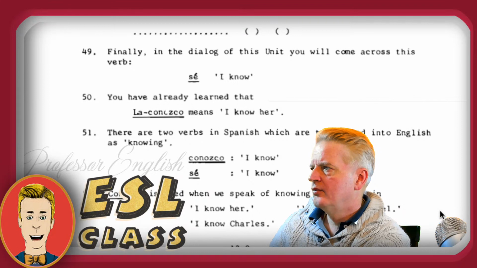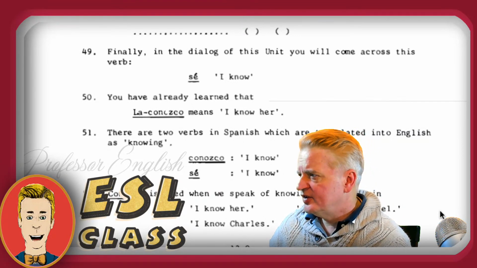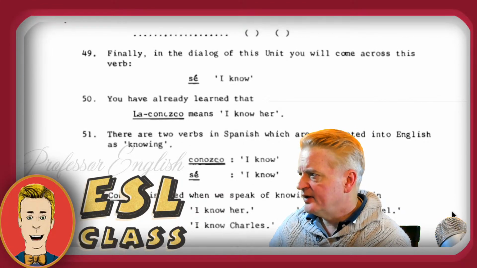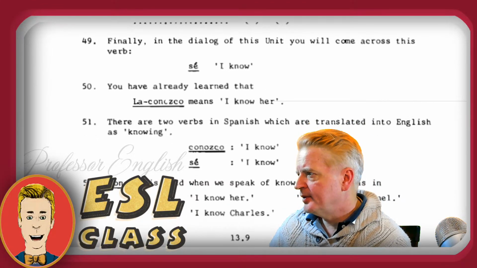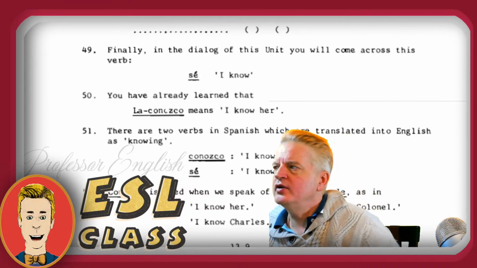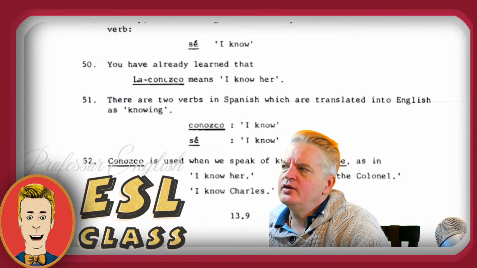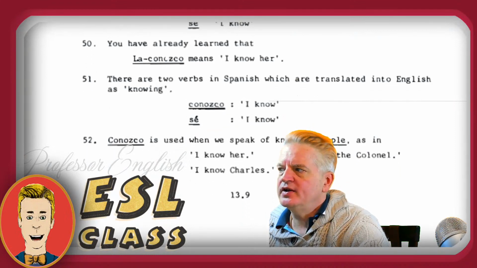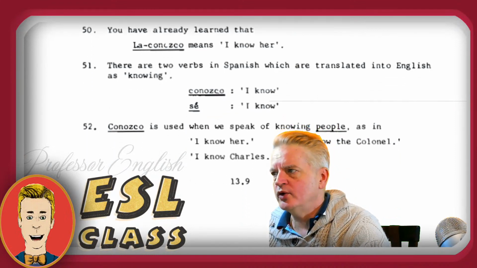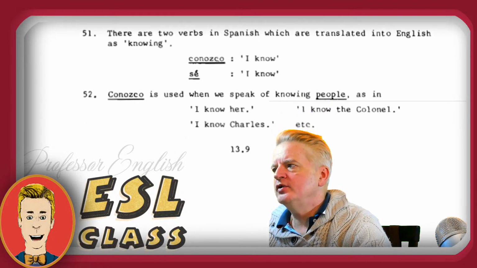Unit 13, Dialogue. Okay, there are a couple of things before the dialogue. Let's just see if there's anything in here. Finally, in the dialogue of this unit, you will come across this verb, sé. You already have learned la conozco, I know her. There are two verbs in Spanish which are translated into English as knowing: conozco and sé.